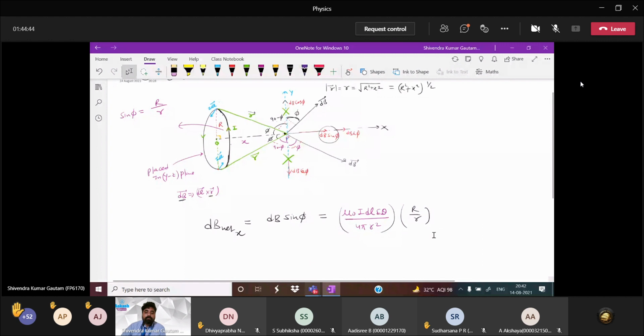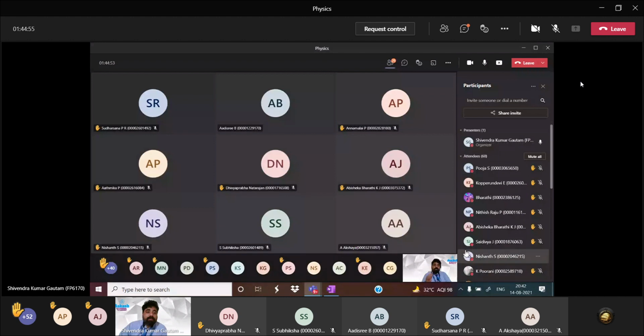Now theta. Everybody see theta. Theta is the angle between the r vector and the dl vector. Now properly see: dl is coming towards me, I dl towards me, and r is this. One r is above the x-axis and dl is towards me. What is the angle between dl and r?